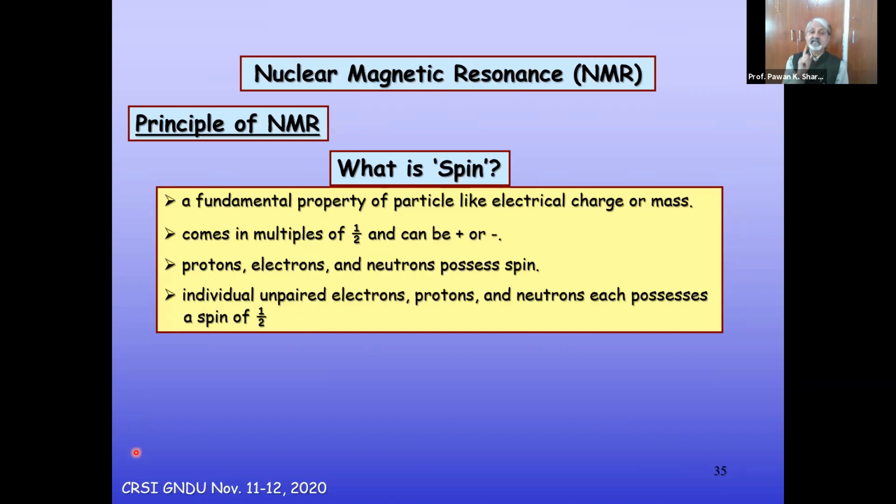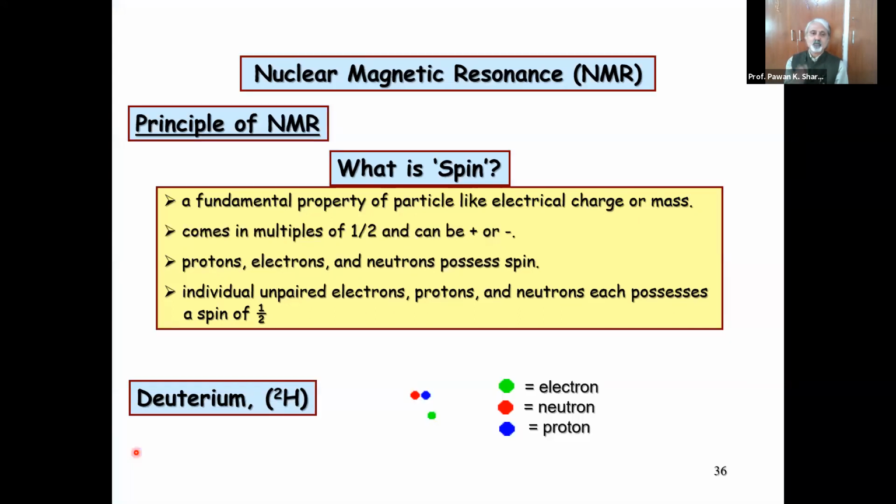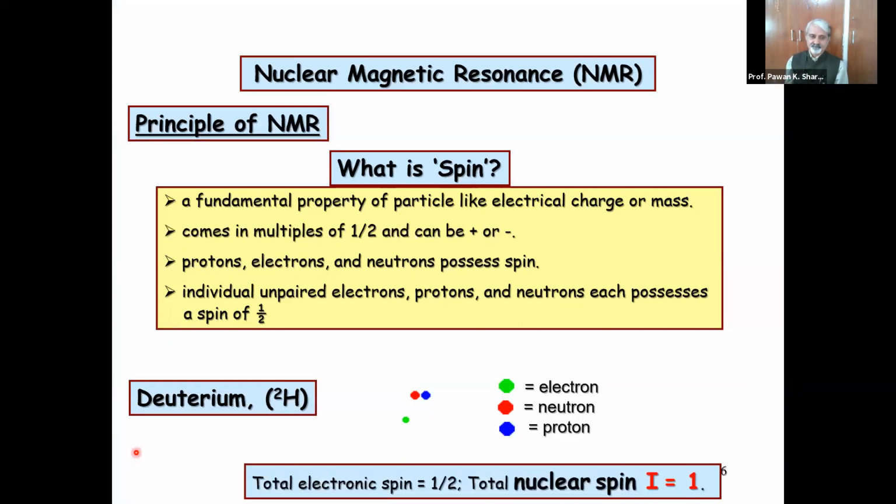So individual unpaired, I'm not talking about paired. Paired, the spin would be cancelled. Individual unpaired electrons, protons, and neutrons each possess a spin of half. For example, let's take the case of deuterium, 2H. Now deuterium has everything single. It has one electron, one neutron, and one proton, as shown here by the color code. So one each. So one electron has to be unpaired, one neutron has to be unpaired, one proton has to be unpaired.